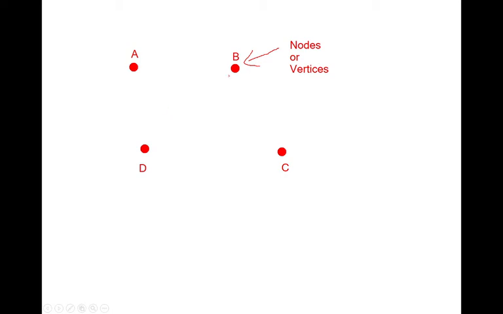So these nodes are connected with each other through an edge. This green line is called the edge, or it's also called the arc.